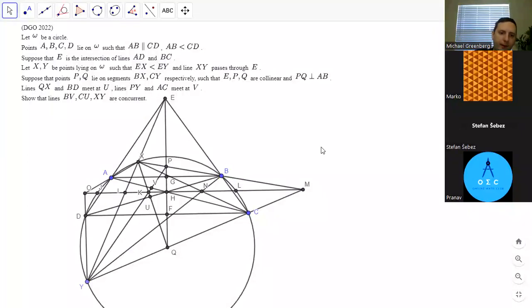So basically, we know that EXIY is harmonic, so we want to show that BE, BX, BV, BY is harmonic. If we can show that, that also solves it, right? And maybe we can project those onto AC, and we get CV, but then we'd have to intersect this. Yeah, there would be a few points that we don't yet know.